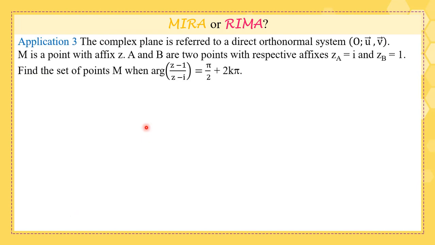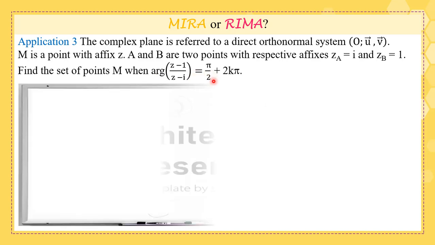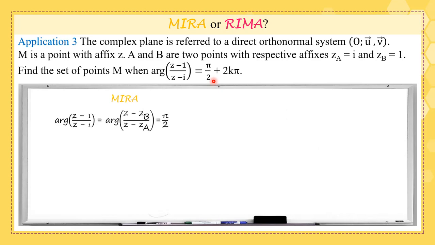Now Mira or Rima, this is what we have. A and B are 2 points with affixes so and so. We need to find the set of points M when the argument is pi over 2 plus 2k pi. Now let's see. Mira found this argument. She wrote it in this form.